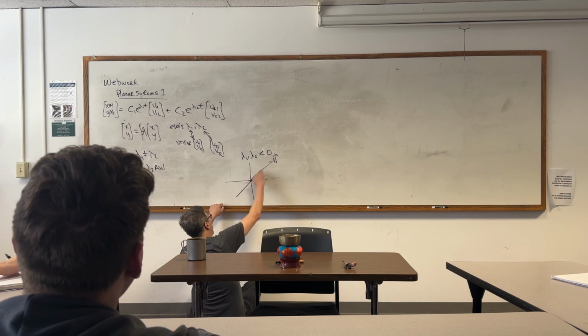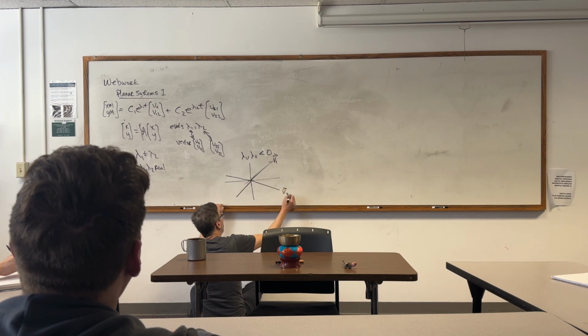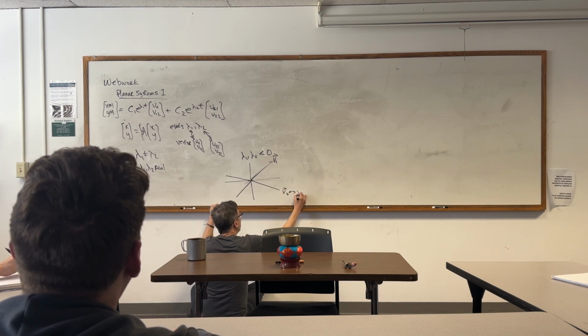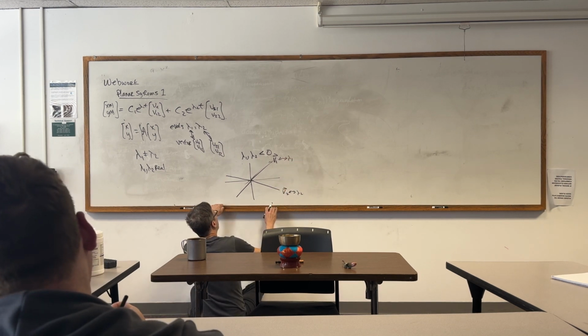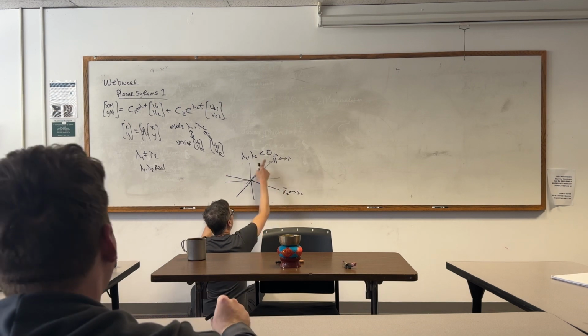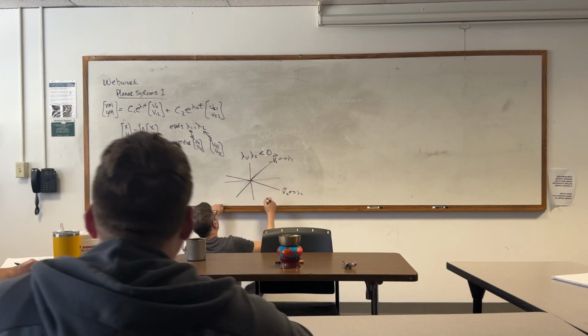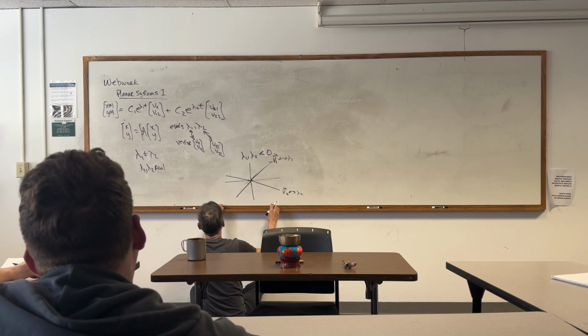So you've got this whole line, and then maybe you've got a v2 that looks like this. So this is the lambda 2, this is the lambda 1. And in fact, since these 2 are not going to be the same, they're 2 different negative numbers. One's going to be faster and one's going to be slower.